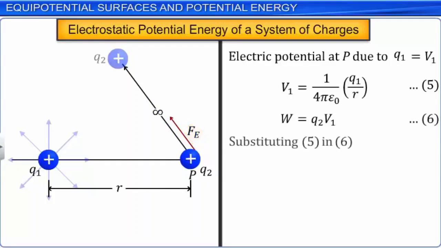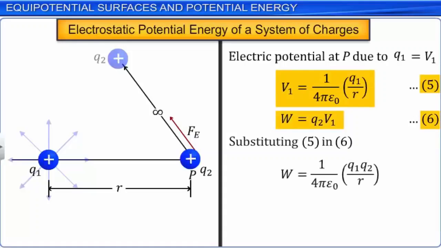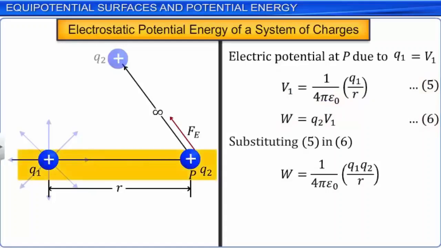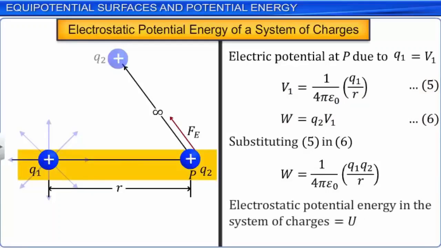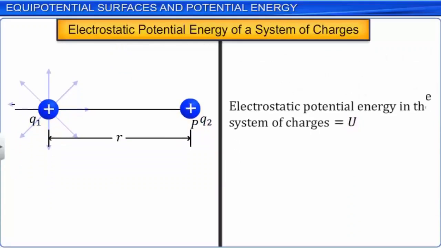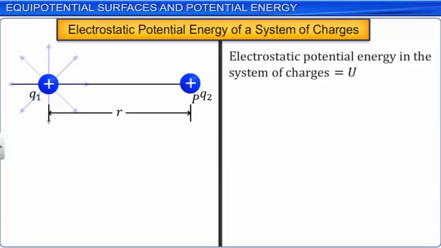Substituting equation 5 in equation 6, we have W equal to 1 by 4 pi epsilon naught into Q1 Q2 by R. This work done against the electrostatic force is stored as electrostatic potential energy U in the system of charges. Electrostatic potential energy U stored in the system of charges is equal to 1 by 4 pi epsilon naught into Q1 Q2 by R. Let this be equation 7.